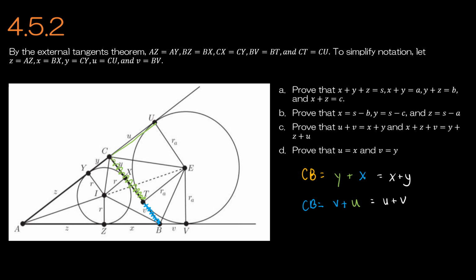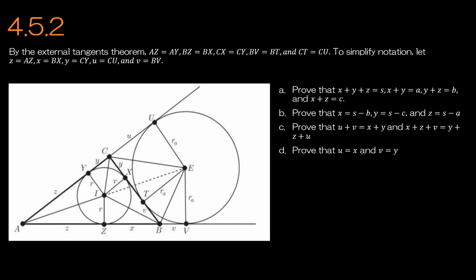Well, CB obviously equals CB, so x plus y is equal to u plus v, because it's the same segment. The second part of part C is actually even easier. We are looking at x plus z plus v, which is this segment, equal to y plus z plus u, which is this segment, and those are just external tangents and therefore are equal.